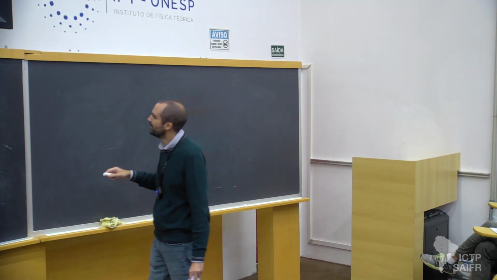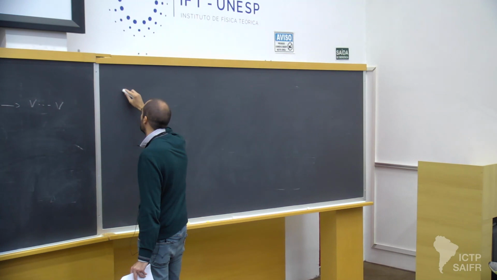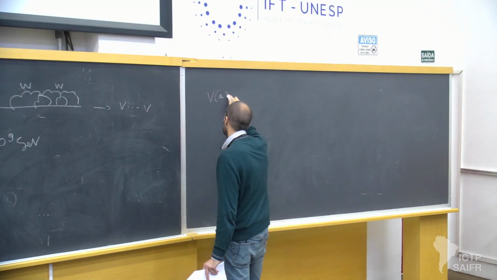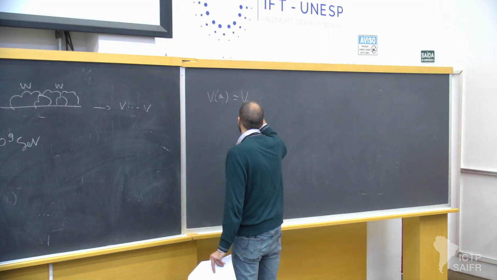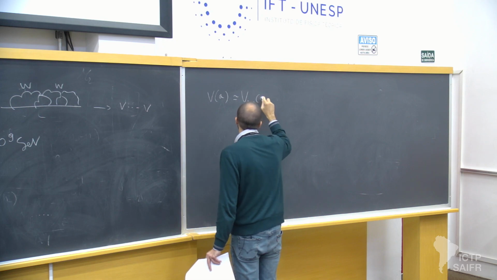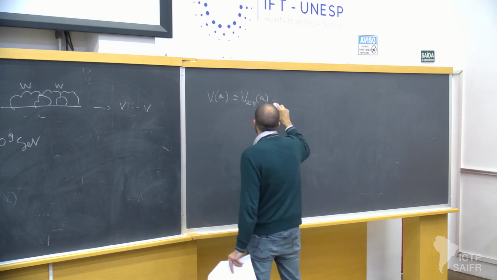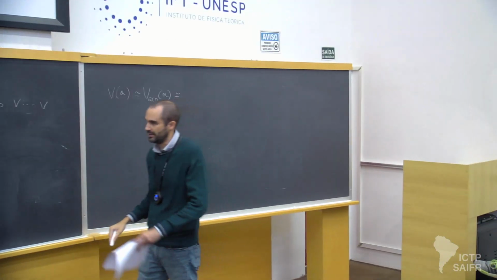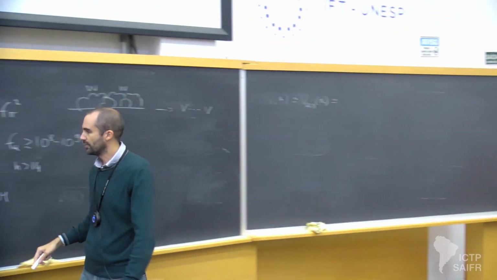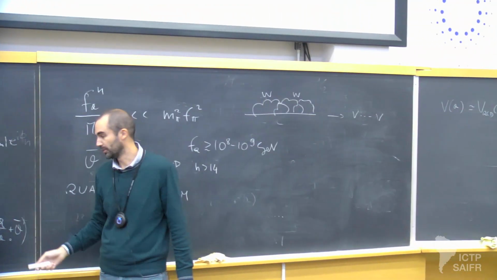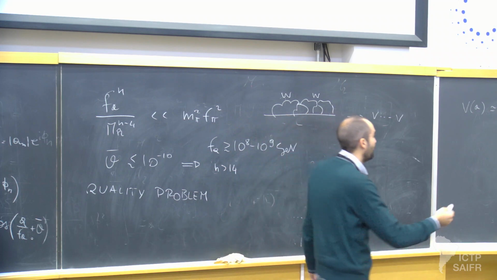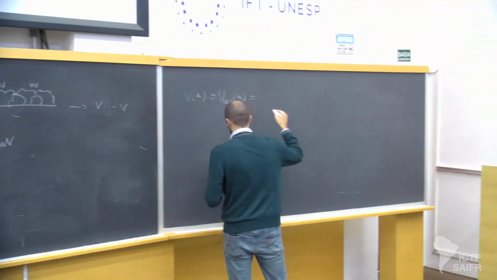So let me imagine that the potential of the axion is dominated by QCD. Then I can expand the exact result I wrote down yesterday, or the approximate result that I wrote down today, and I'm going to find terms that look like this.